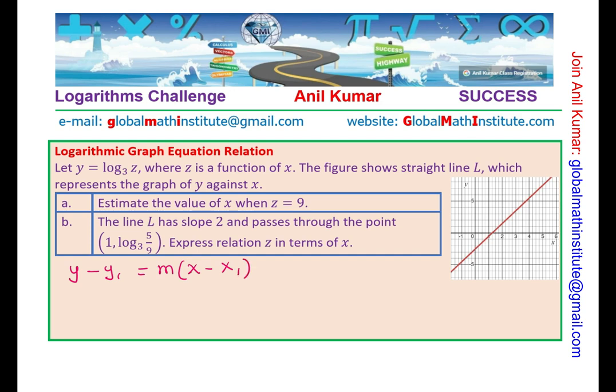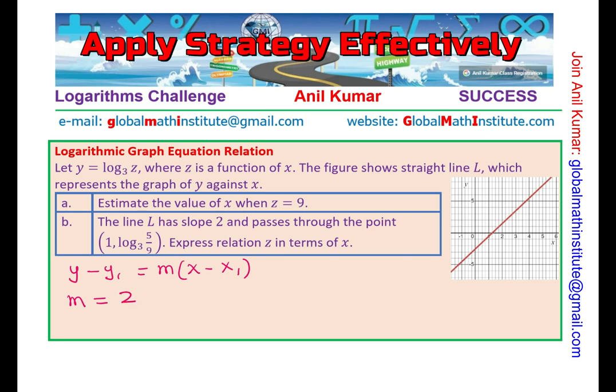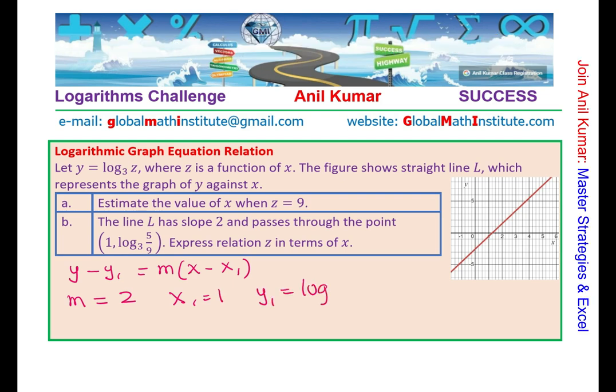In this equation, we are given m, which is 2, x1, which is 1, and y1, which is log 3 of 5 over 9. So we are given all these values, which we can place to relate y with x.